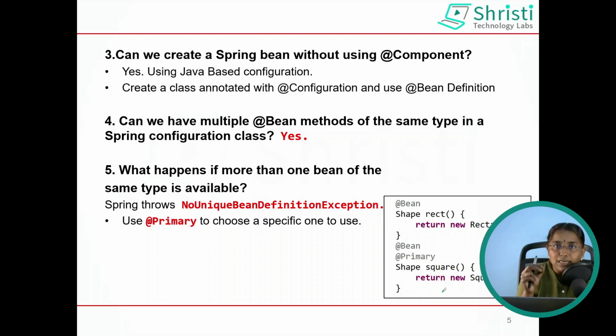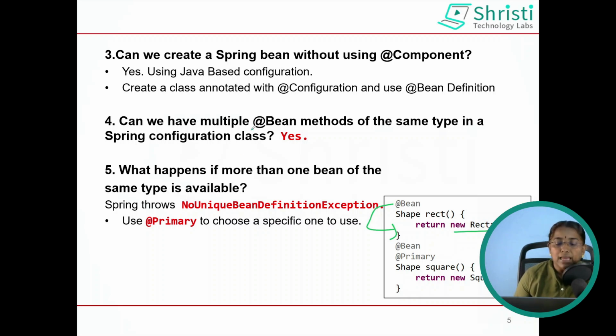The IOC container will create an object for this particular class based on the bean definition. It happens during the startup of your application. An example of a bean definition is given over here. In this case, a rectangle object is created by the IOC container.